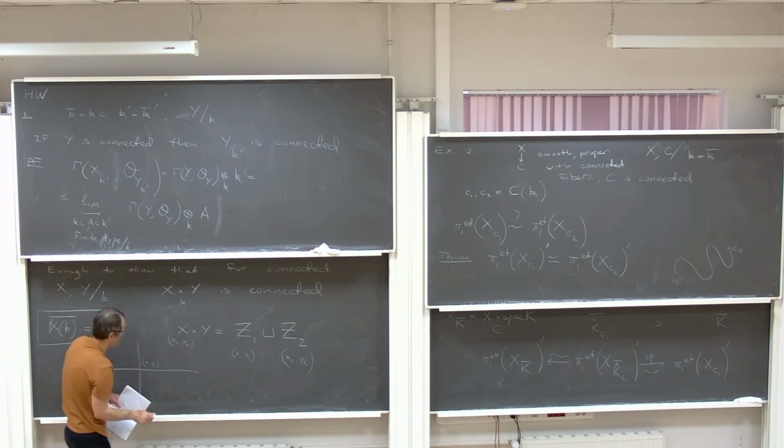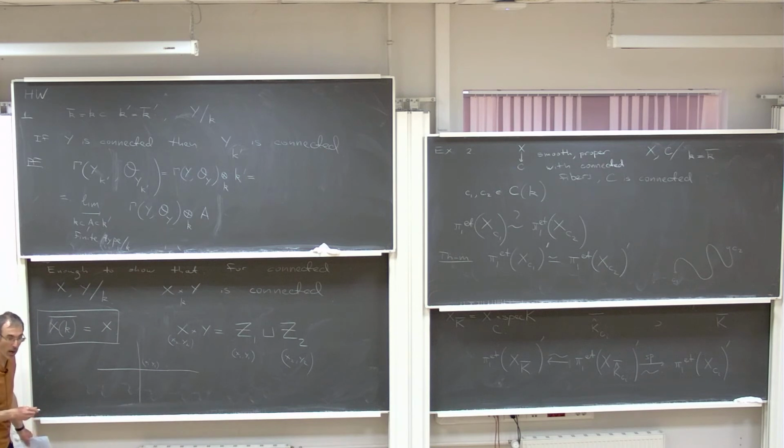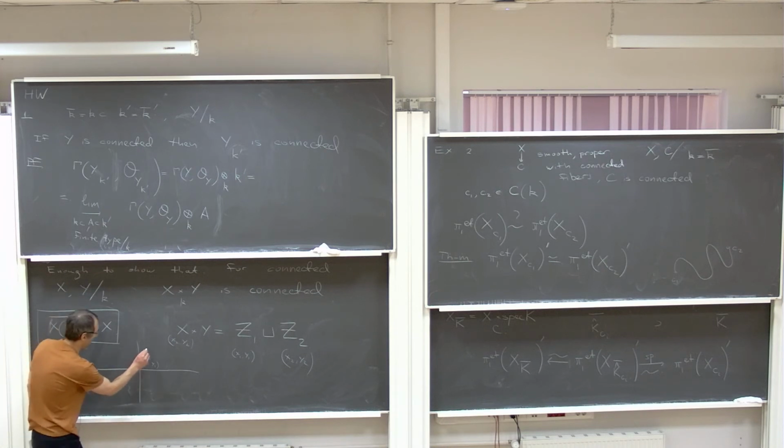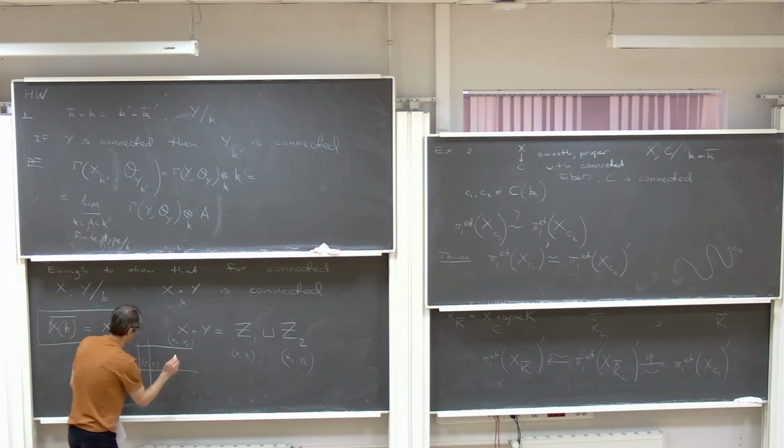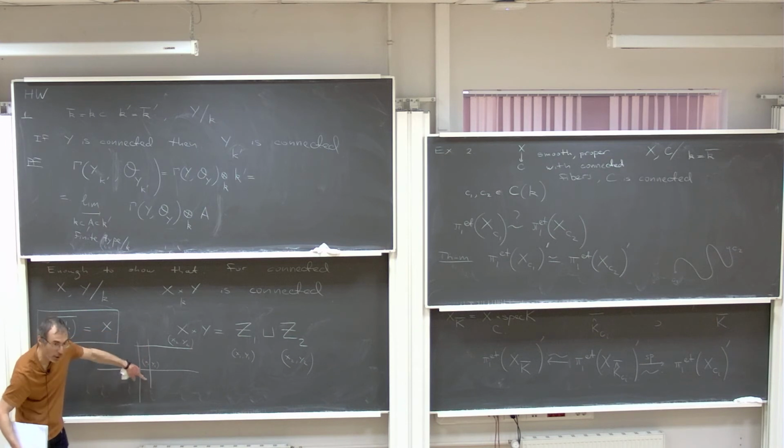By my assumption, they live in different connected components. However, there is definitely a connected scheme, namely this fiber and this fiber. These are the two fibers, two copies.